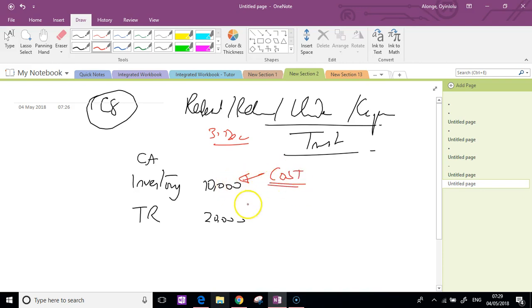This is cost. So the argument must be, because when you buy something, the hope is that you'll sell it for more. The argument is that I have this 10,000 right now, and the assumption is that it will sell for more. Now, here's the thing. If for some strange reason, which there are many, this inventory will not sell for more.